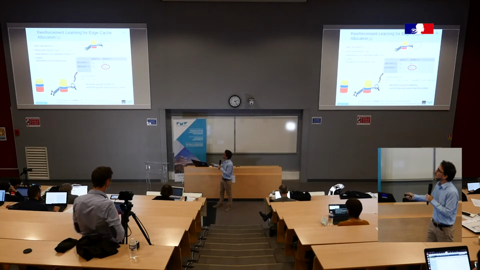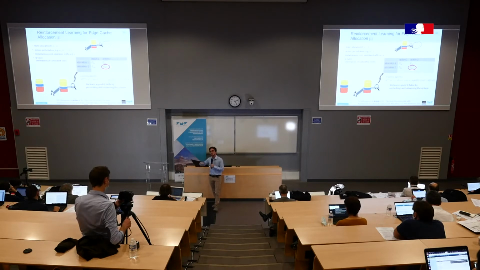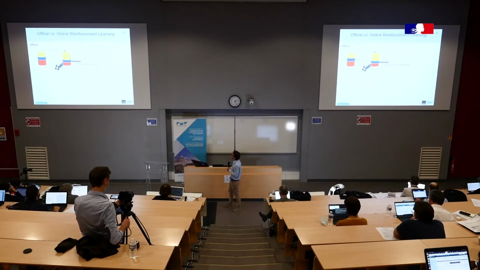So we do a sort of trial and error at the beginning. We perturb the cache, let's say, almost randomly. But once we start to interact with the system more and more, we refine our knowledge so that our decisions become better and better. Okay, and this is classic reinforcement learning, okay?